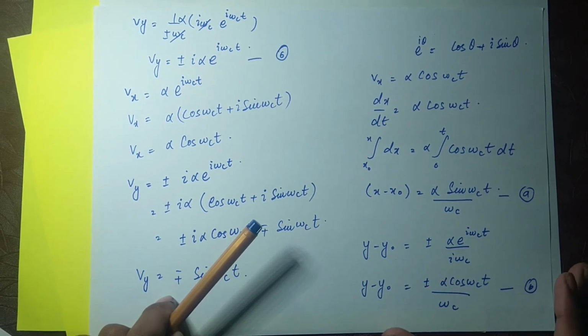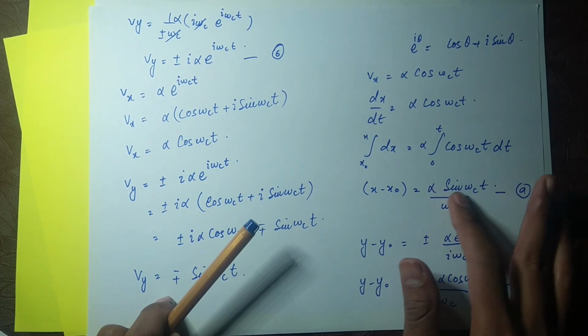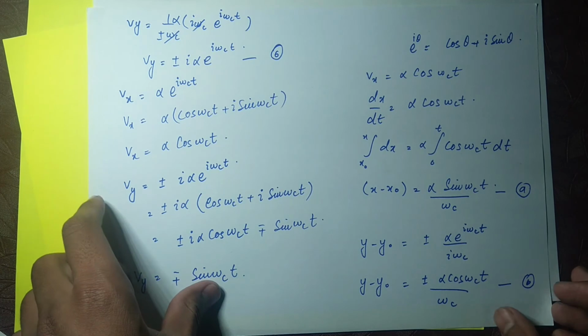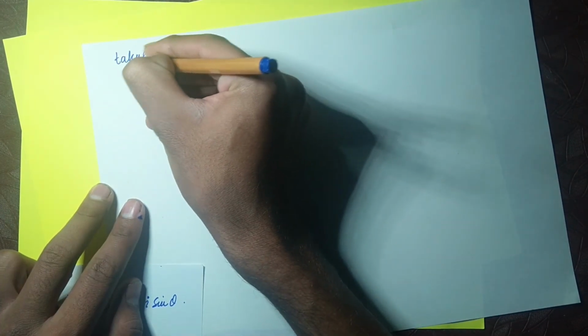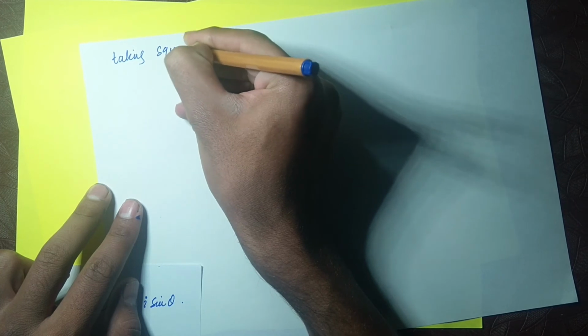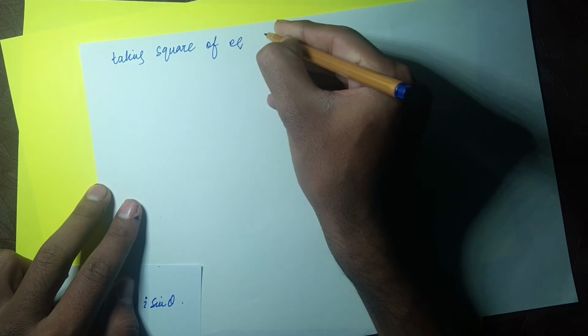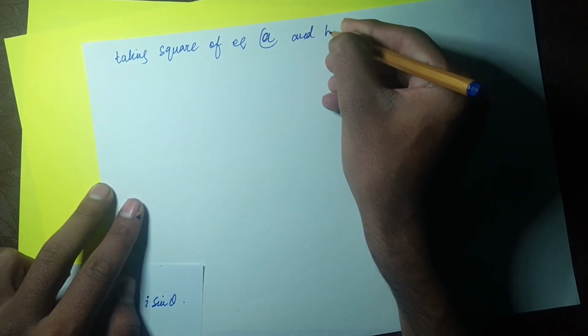It will be equal to alpha square cos square omega c t over omega c square, and also alpha square sine square omega c t. So let's take the square of equation a and b.